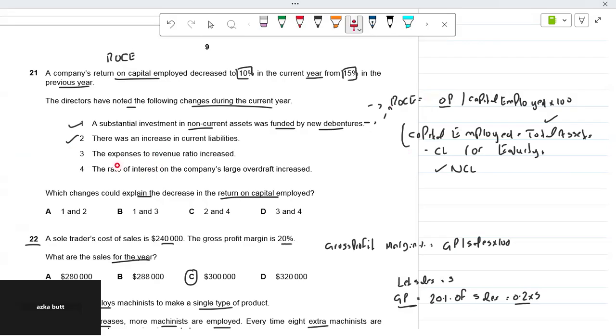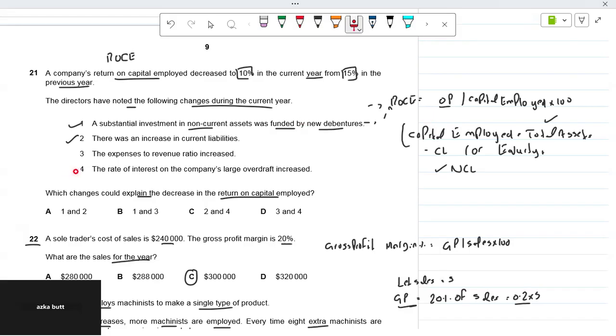The expenses to revenue ratio increased. So higher expenses relative to revenue reduce the operating profit. Lower operating profit directly reduces the ROCE. So this change could explain the decrease in the ROCE.